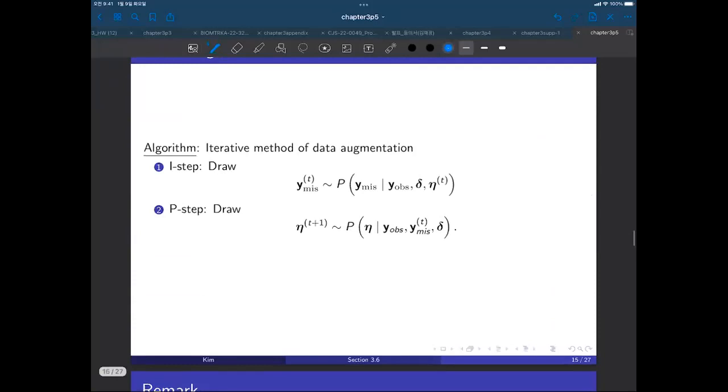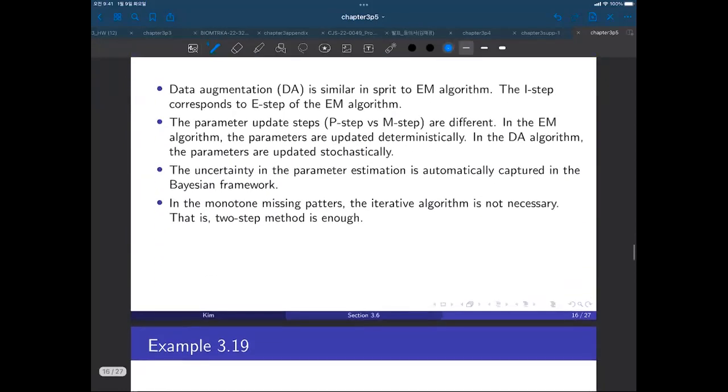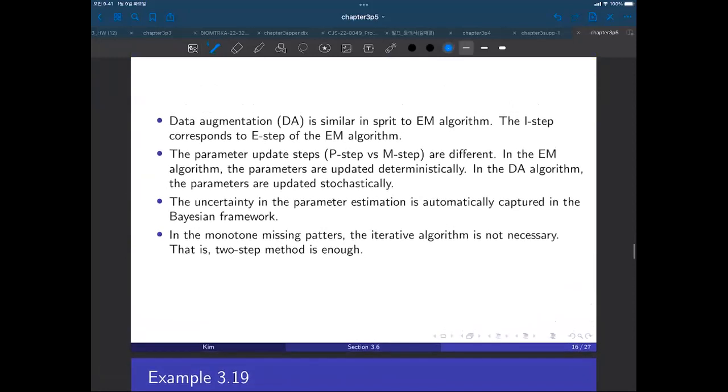You can use the I step to obtain the marginal distribution of the missing data and construct the imputation. Also, you can use the posterior distribution to evaluate the uncertainty of the model, which automatically gives you confidence intervals, Bayesian credible regions, and so on.